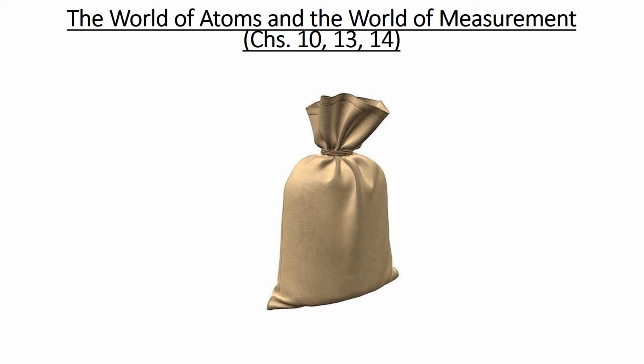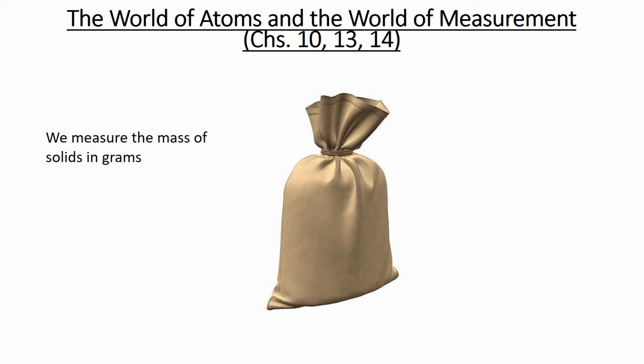Now, I know it's been a while since we've been in the lab, so just to refresh your memory, if you have a solid substance, one of the easiest measurements we can make is to record its mass. And remember, the unit for mass is grams. Do you remember what measurement device we use to measure the mass?